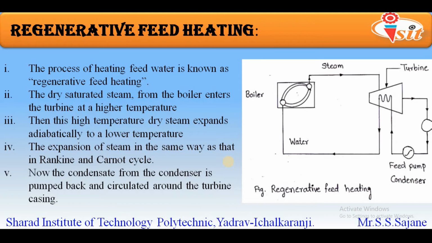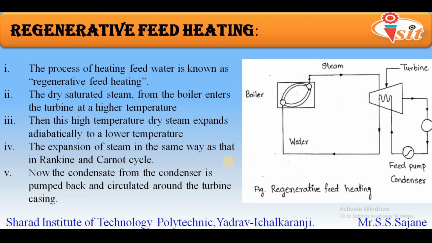As a result, the temperature of the feed water will be increased, and in this way we are feeding the boiler with heated water. Again, similar to the concept we studied earlier, if we provide the boiler with increased temperature or hot feed water, then the fuel requirement will be decreased to a certain extent.